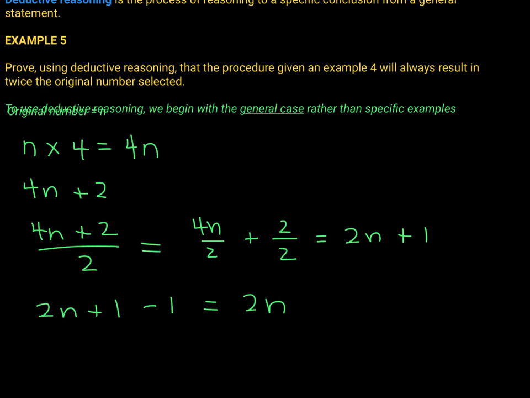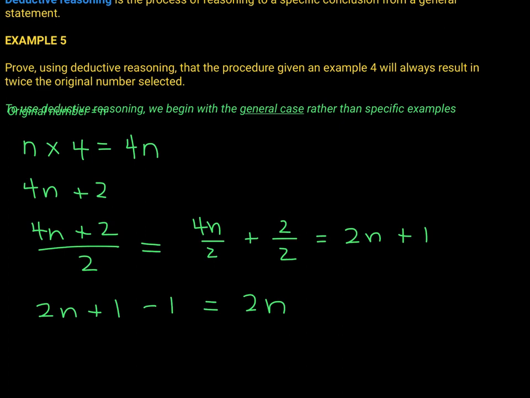Now, what's really important is that in the previous example, in example 4, where we looked at specific examples, we used inductive reasoning, right? And we made a conjecture. This is very important, we made a prediction, but we did not actually prove this statement that you always get twice the original number.